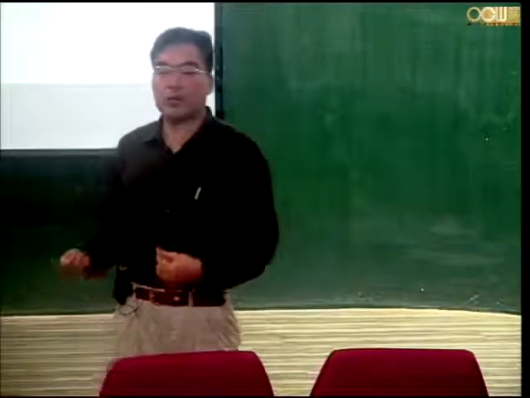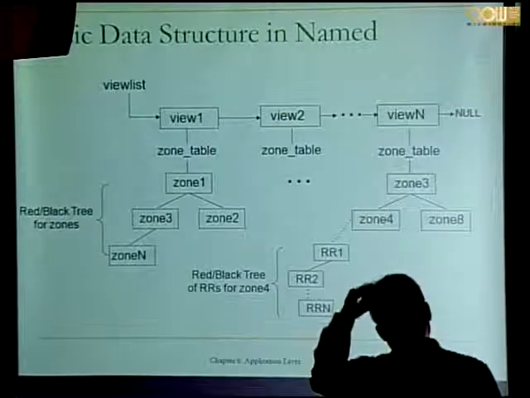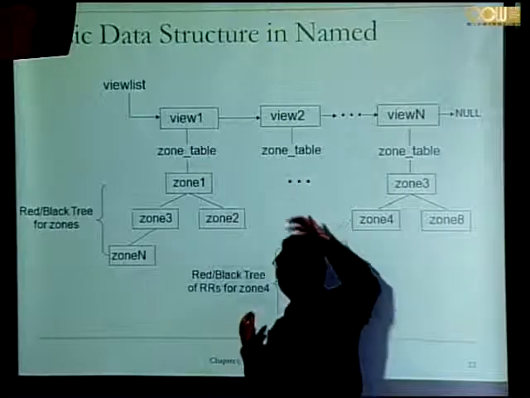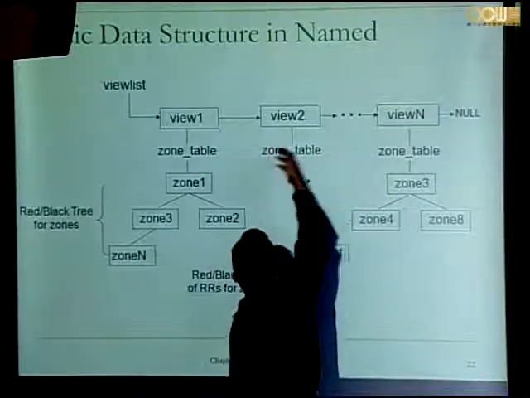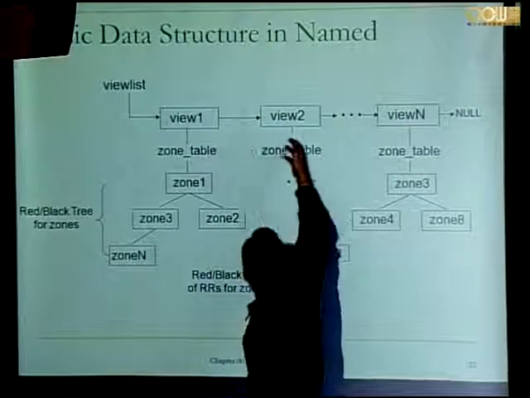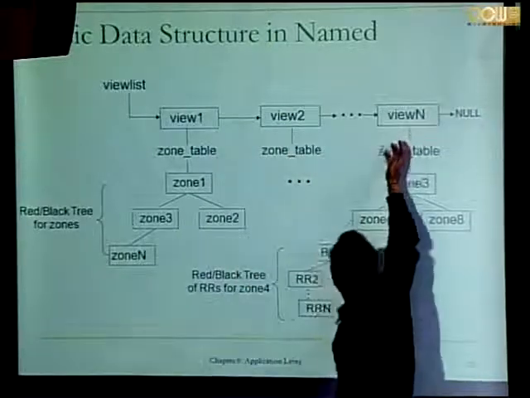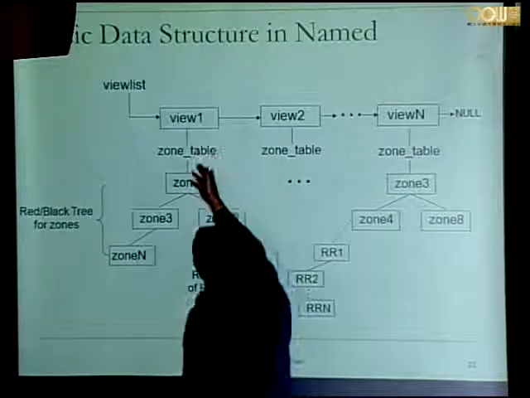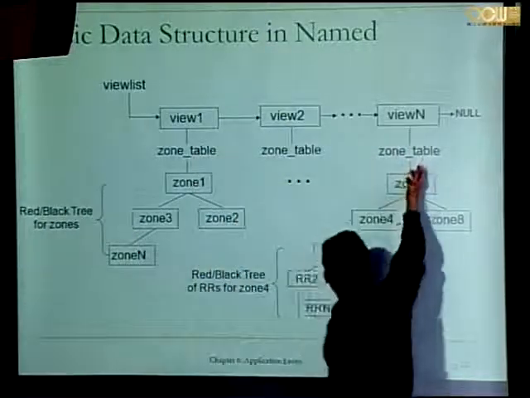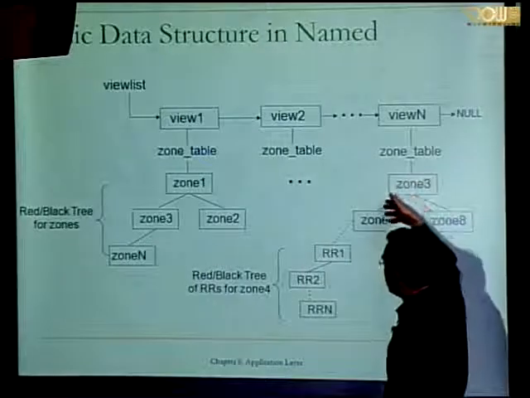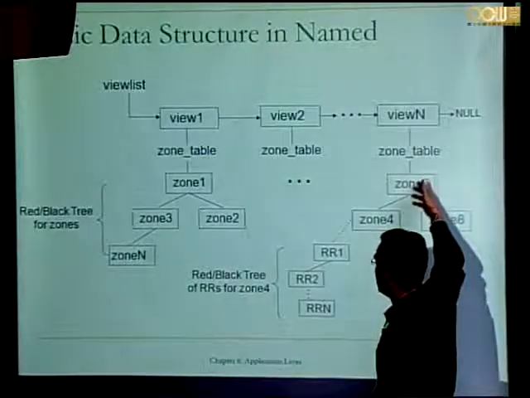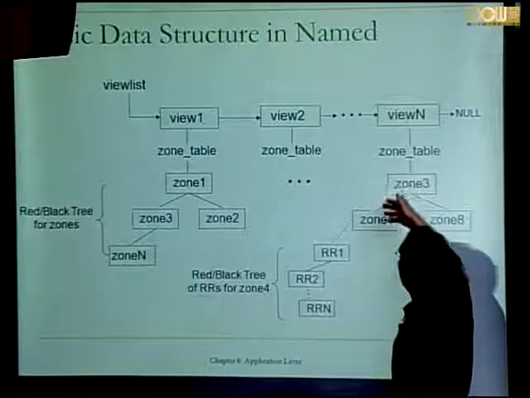And how do you organize the resource records in memory? It's organized into trees. Well, actually, it's organized into a linked list. Each zone will be represented by a view with a zone table. Within each zone table, there is a tree, the so-called red-black tree, of resource records.